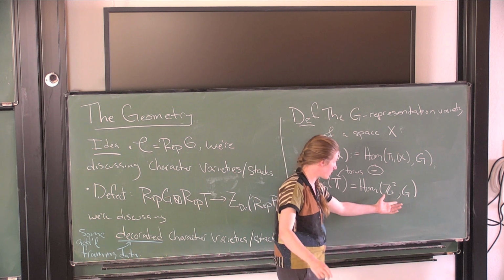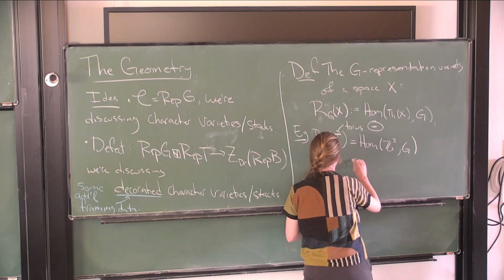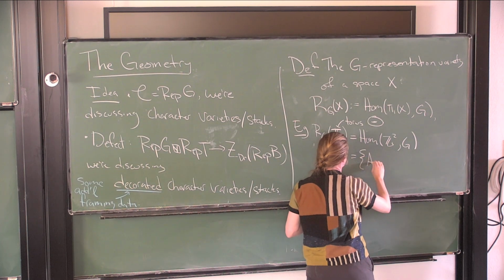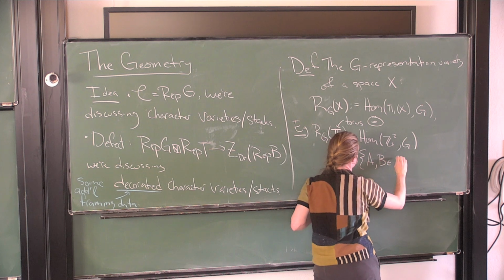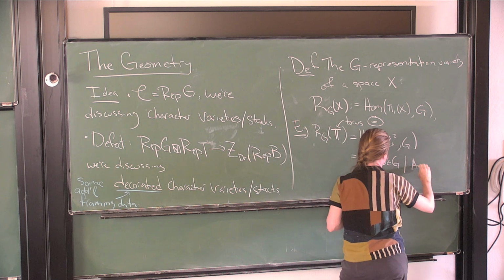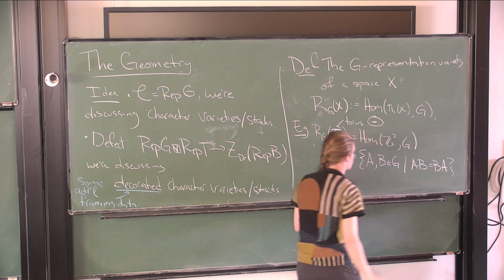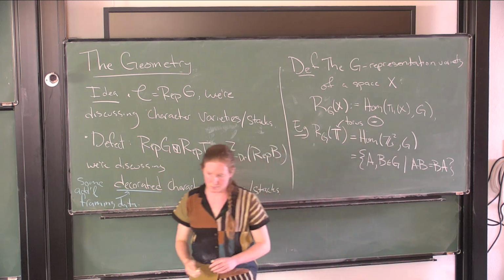These homomorphisms are just determined by what is in the generators here. So this is going to look like pairs of elements in G, but because here it commutes, they need to commute too. So it'll look like this collection.